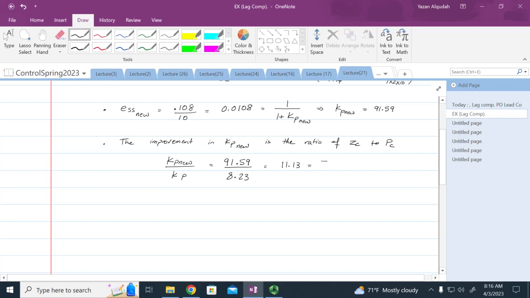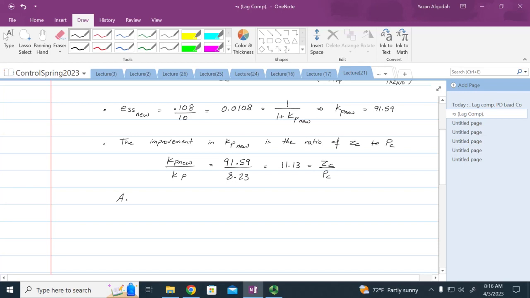Now this improvement is going to come from ZC divided by PC. And therefore, we want our compensator to have a ratio of ZC over PC that is equal to 11.13.